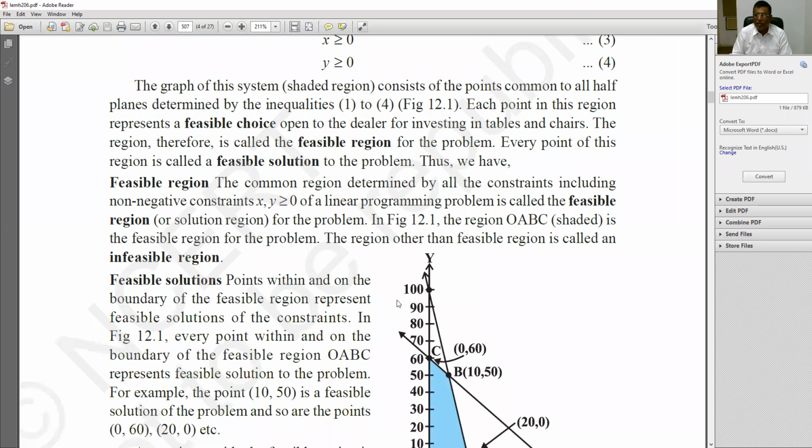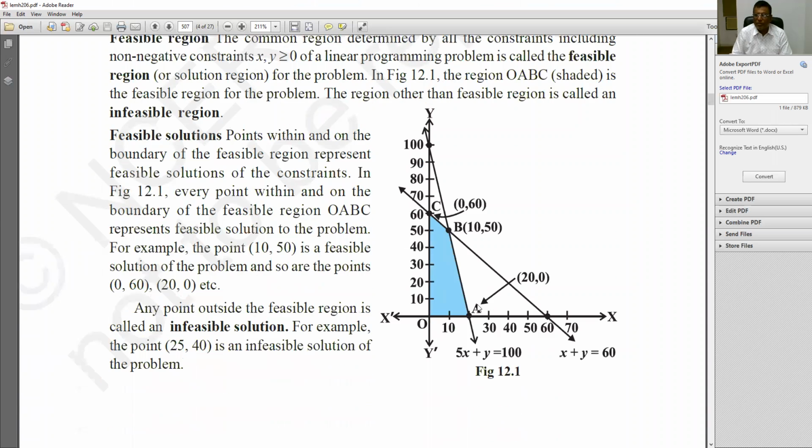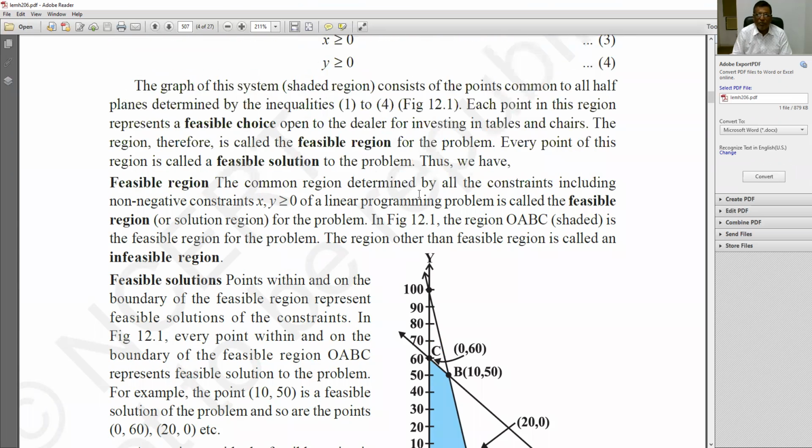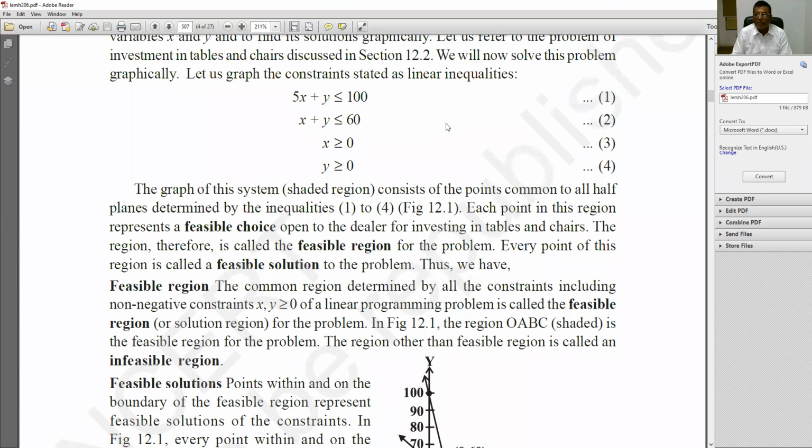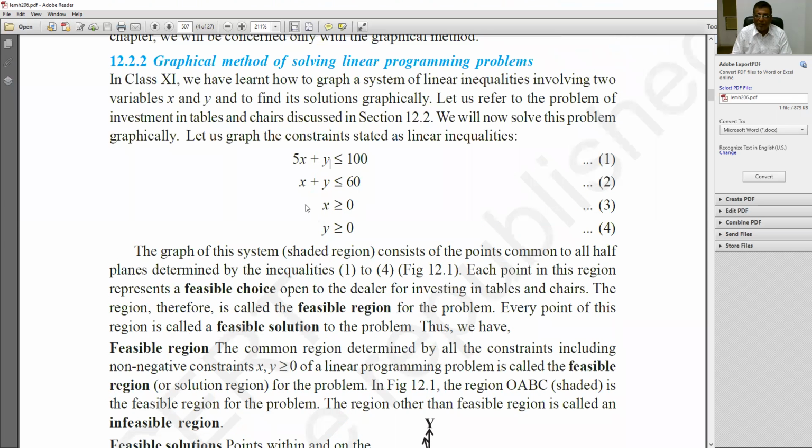So see, the maximum value on the y-axis is 100, and x is equal to 0, y is equal to 0 means you have to take the positive part of the x-axis and the positive part of the y-axis, because x is positive and y is also positive.